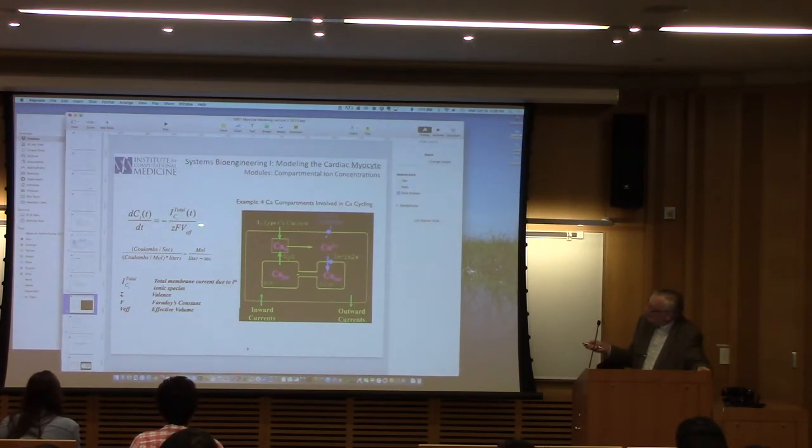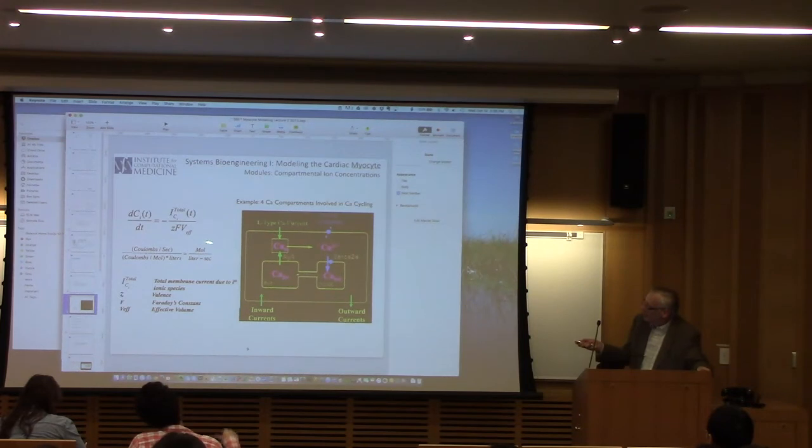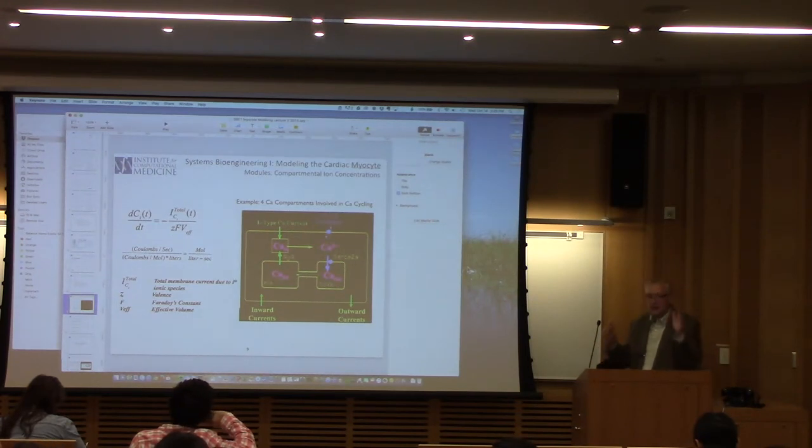The negative sign here just denotes the fact that whatever the compartment is, to compute the time rate of change of ion I in that compartment, we've got to compute the net inward current associated with ion I into that compartment. So we care about how much calcium is directed into the subspace, or how much calcium is directed into the JSR. The net current, the sum of all the inward and the outward currents, has to be taken in the direction that is inward.